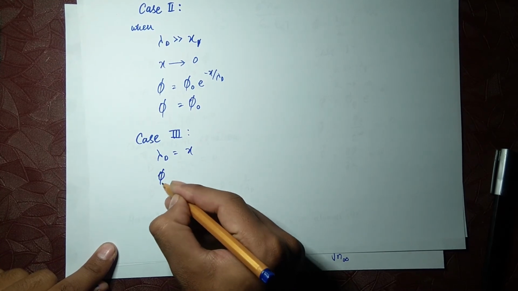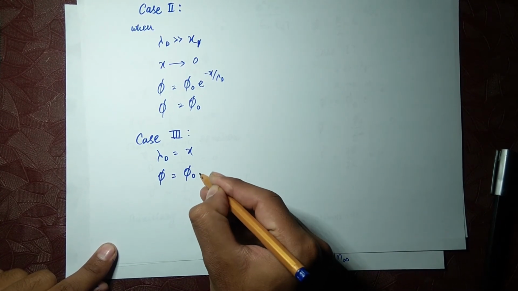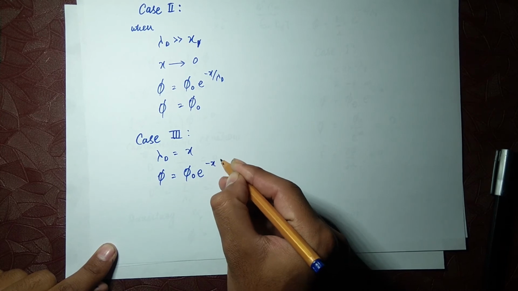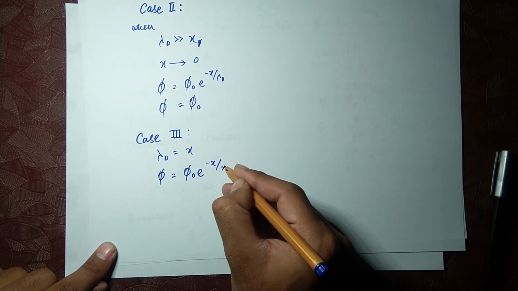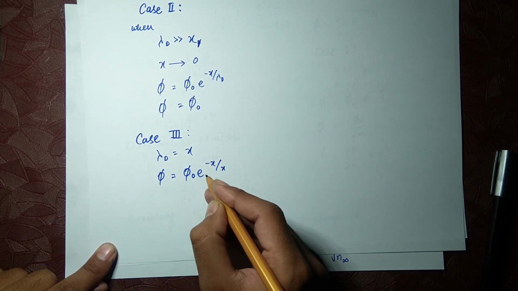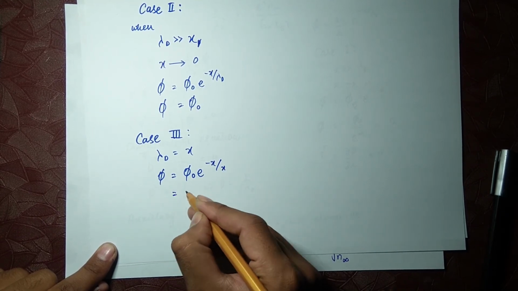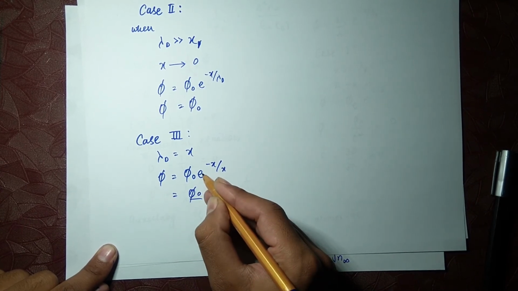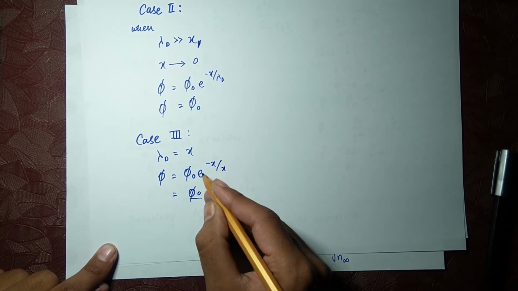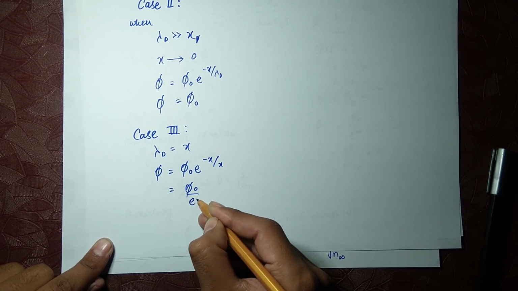Writing the relation, phi is equal to phi naught e power minus x over lambda d, with lambda d equal to x. Then x cancels out and it will be equal to phi naught over e, that is, e power minus 1, with e the exponential in the denominator.